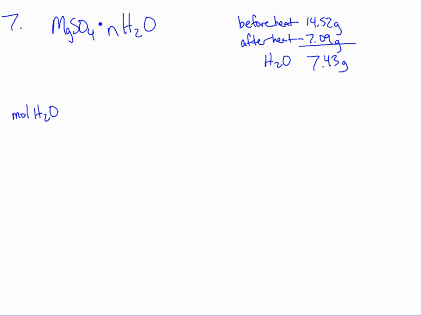So as far as the moles of water is concerned, 7.43 grams of water, grams to moles of water. We need to get in the habit of using our AP issue numbers from the periodic table, which is why we're keeping the document for vectors so we can find them faster.